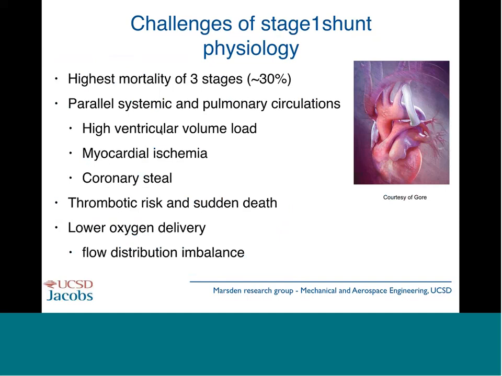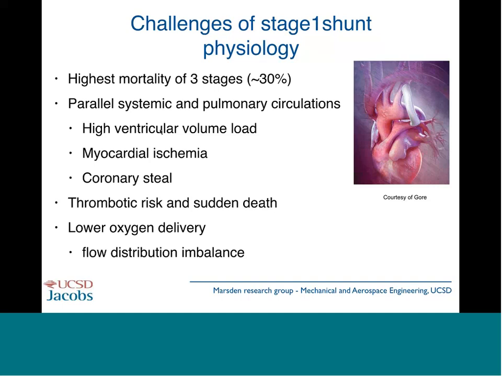We've put in a shunt connection between the systemic and pulmonary circulations. And so that means that the one ventricle that you have is having to do the work to pump to both circulations in parallel. So there's about twice the normal ventricular volume load. That can also lead to myocardial ischemia and coronary steal.